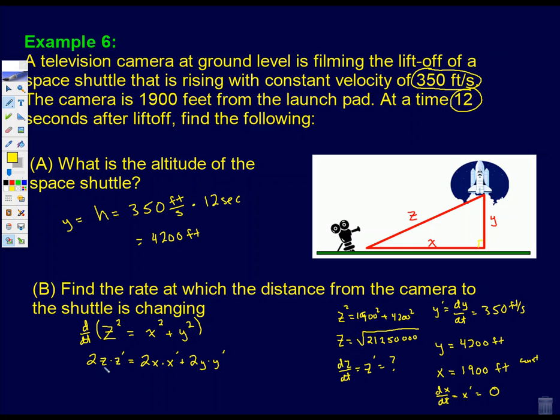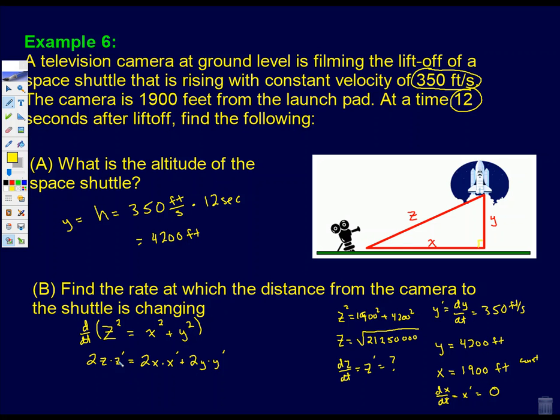So now there are actually 6 quantities, but we've already accounted for 5 of them, and we'll be solving for z prime. At the instant that the rocket's been in the air for 12 seconds, we know that it is 4,200 feet high. We know the camera is 1,900 feet away from the base where the rocket launched from. And we know that the actual distance to the rocket is this quantity here, z.